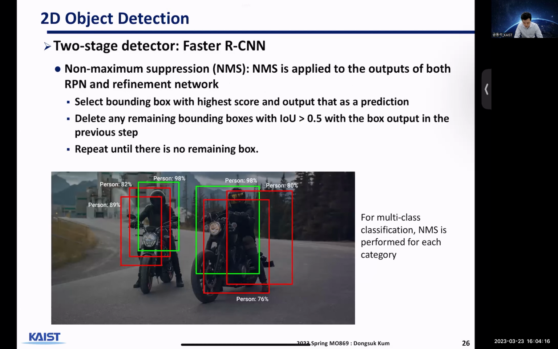But towards the end of the network, you have this sort of post-processing algorithm, which is called non-maximum suppression. NMS is applied to the outputs of both RPN and refinement network, because if you have these proposals and prediction network during inference, you will end up with many boxes that are predicted as outputs.